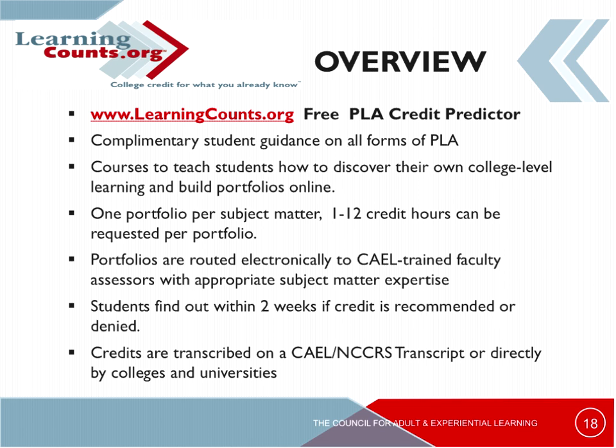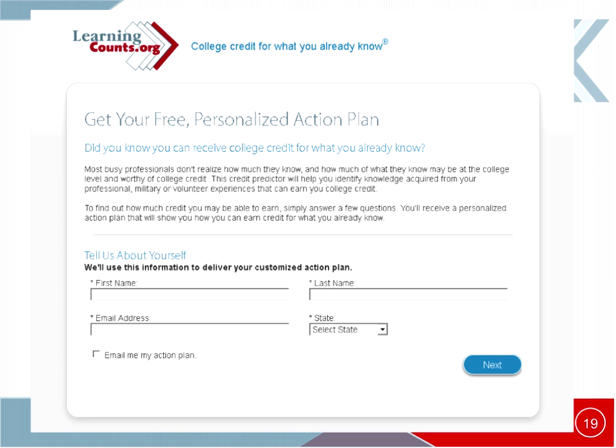Then the portfolio is sent to our national pool of CAEL-trained faculty assessors according to the subject matter. So if the portfolio is in marketing, it would go to a marketing faculty member, who then makes the determination as to whether credit is awarded. And then that is transcripted on an NCCRS transcript or a Learning Counts transcript.